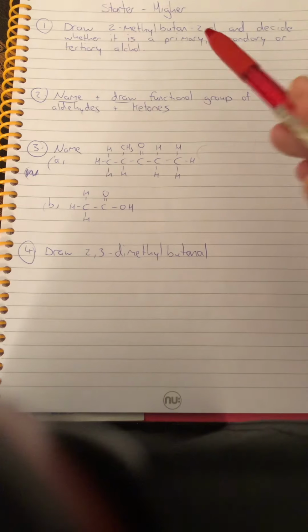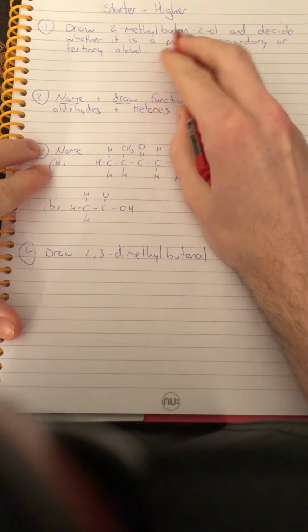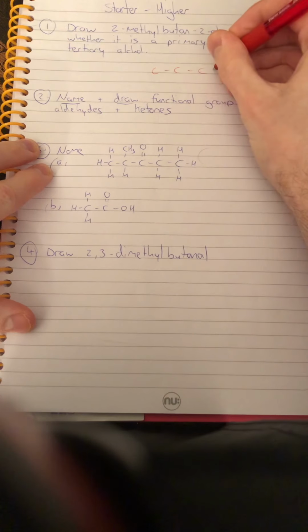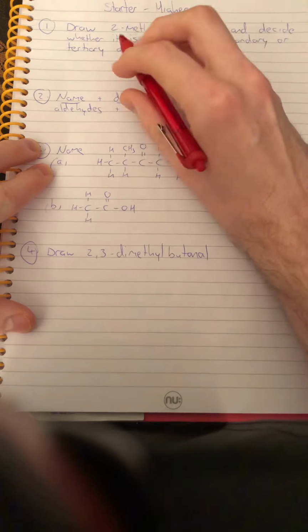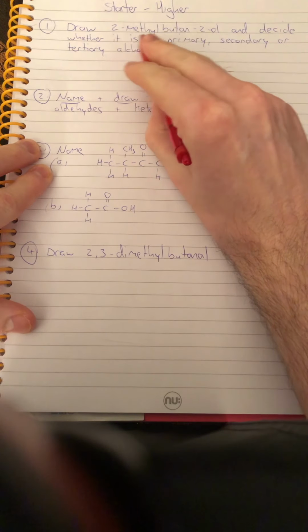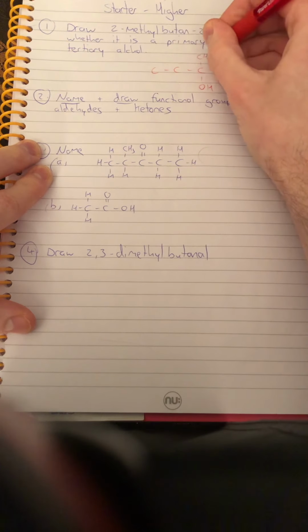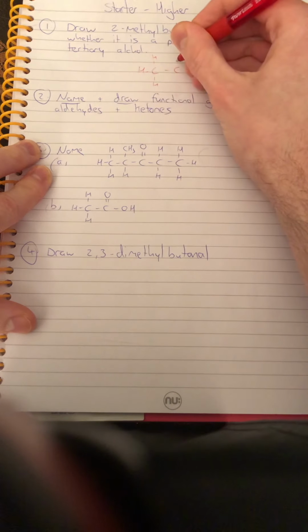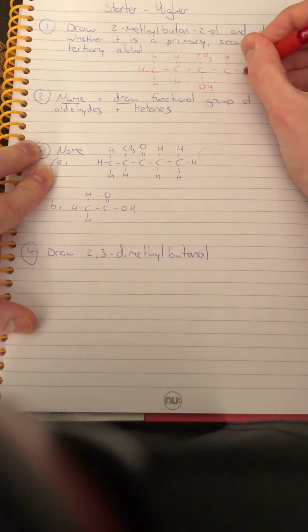Right, question 1. Draw 2-methyl butanol and decide whether it's a primary, secondary or a tertiary alcohol. So if we draw that as butanol, that's 4 carbons, 1, 2, 3, 4, with the OH on the second carbon, and we've got a methyl branch, 1 carbon, on carbon 2. So that looks like that. And then if we just put our hydrogens in, that is our molecule here.